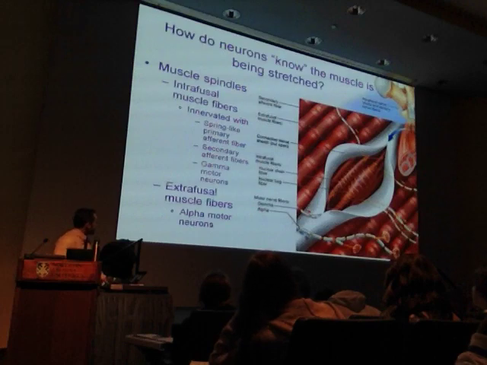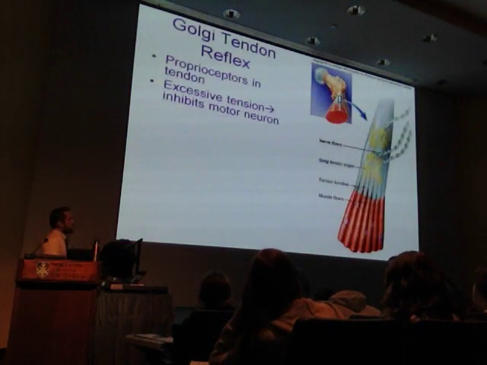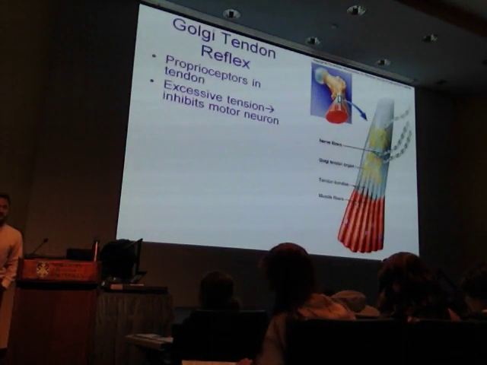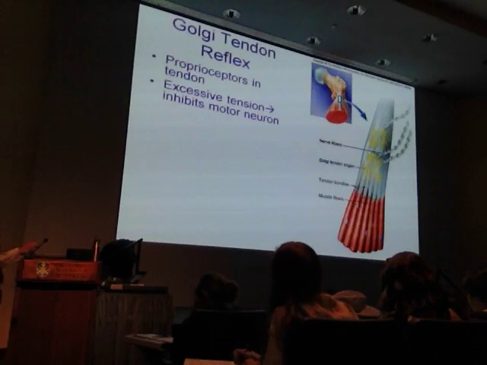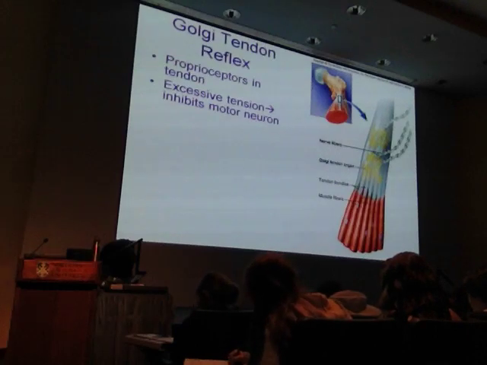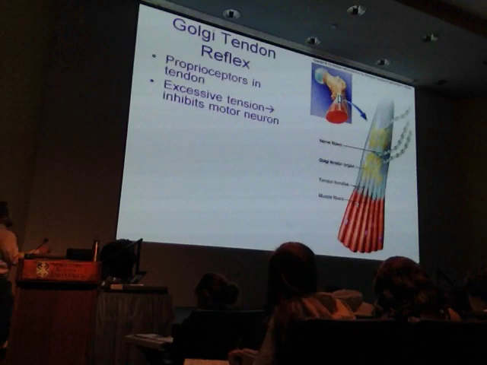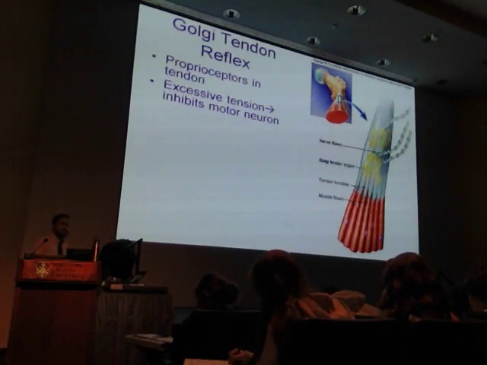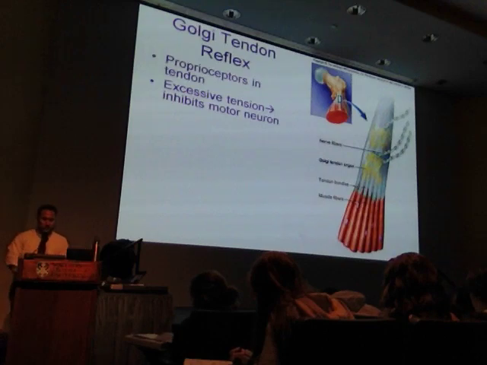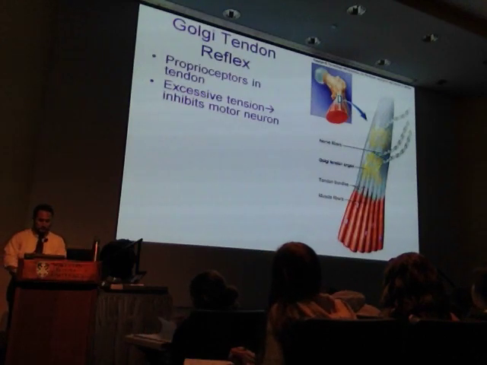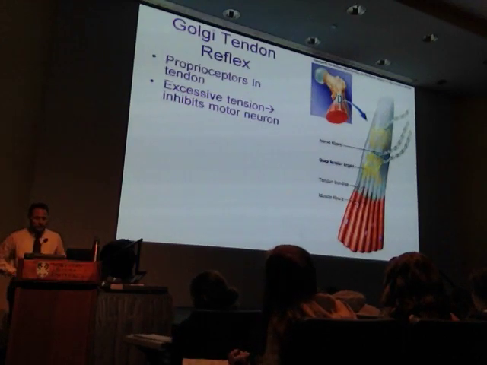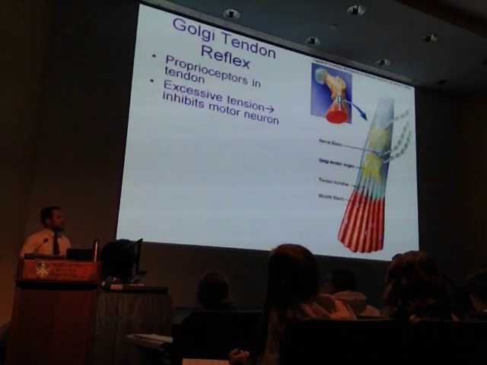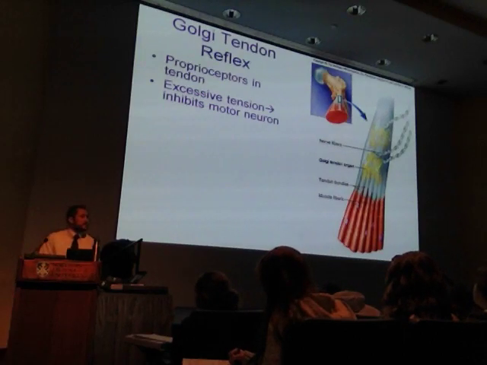Now, the second example of a somatic type of reflex is the Golgi tendon. The Golgi tendon is a proprioceptor. A proprioceptor is one that gives us information about what? Location in space, okay, proprioception.